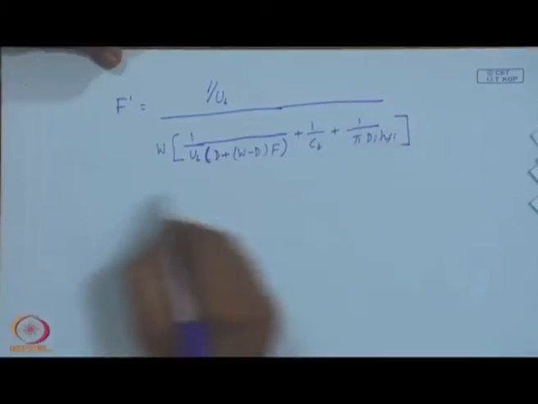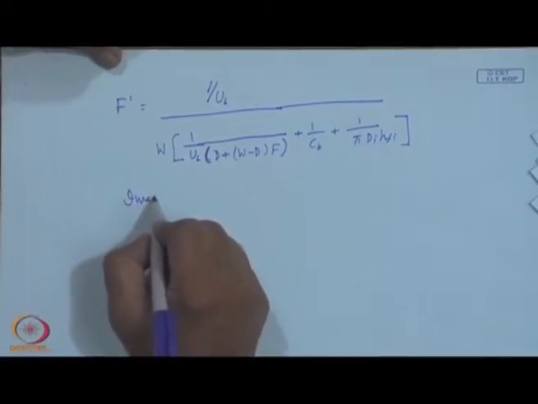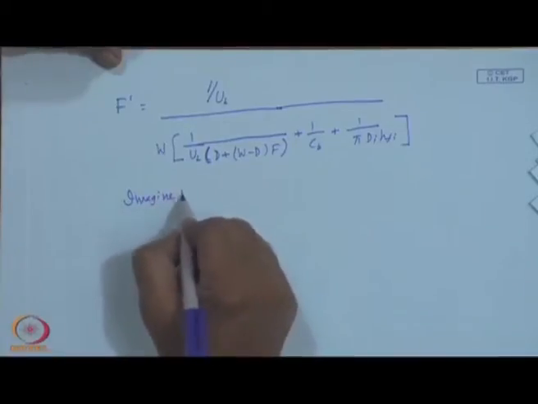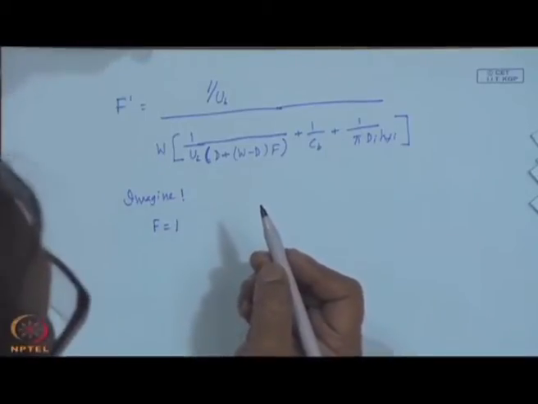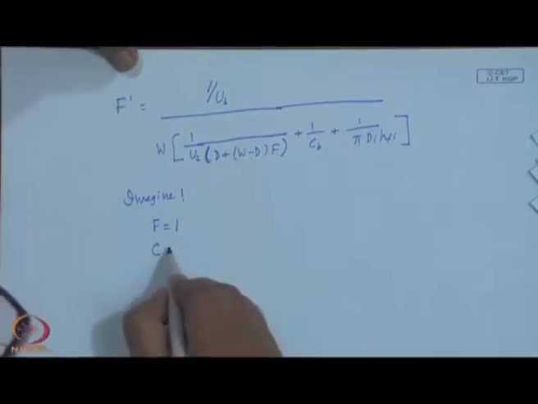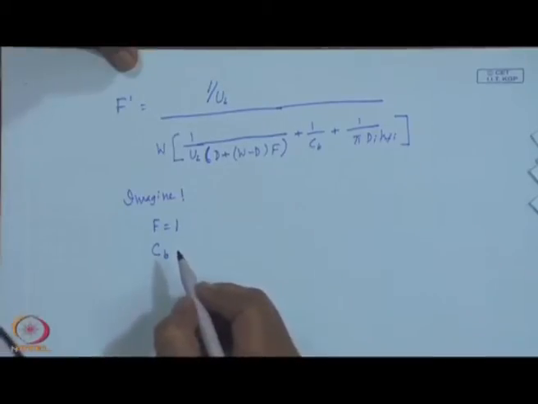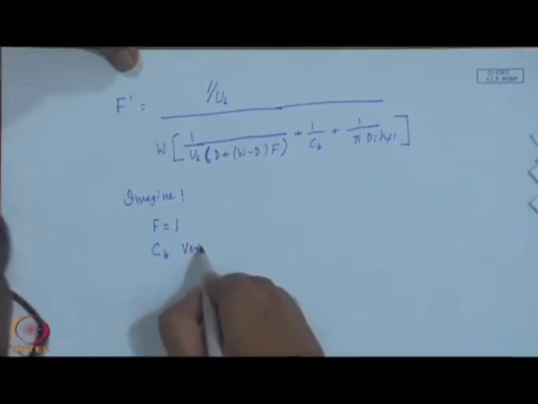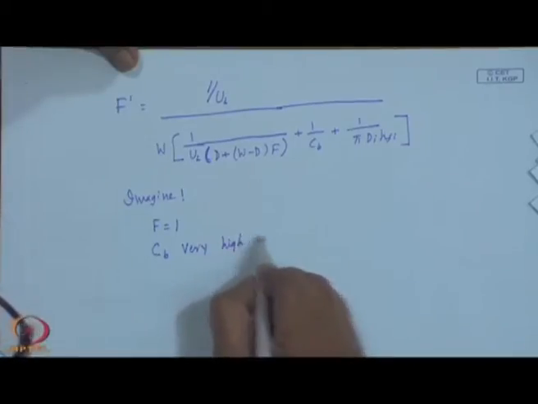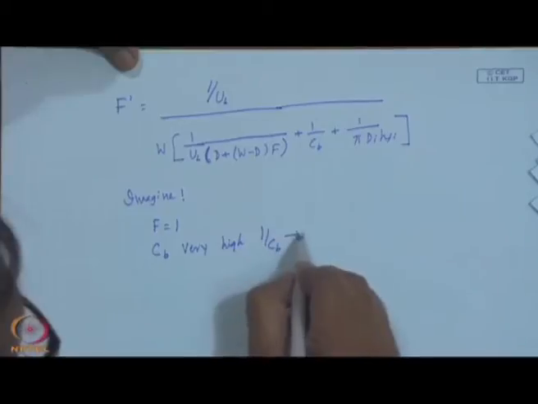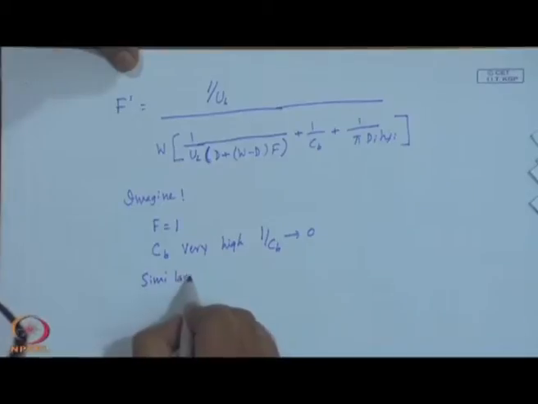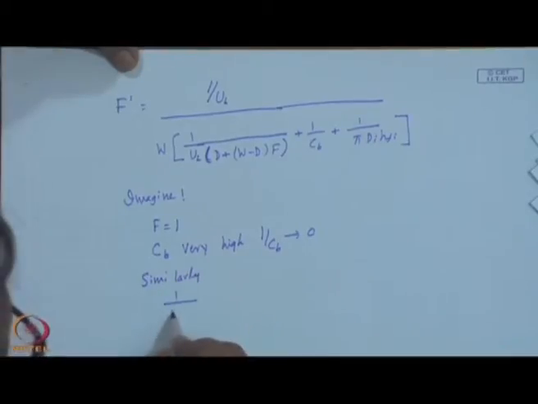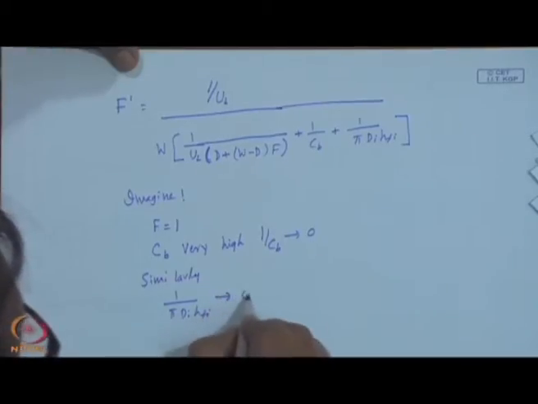Let us for a moment imagine F is equal to 1. It is a 100% fin efficiency and C b, the bond conductance, is very high, so that 1 by C b tends to 0. Similarly, 1 by pi D_i h_fi also goes to 0.